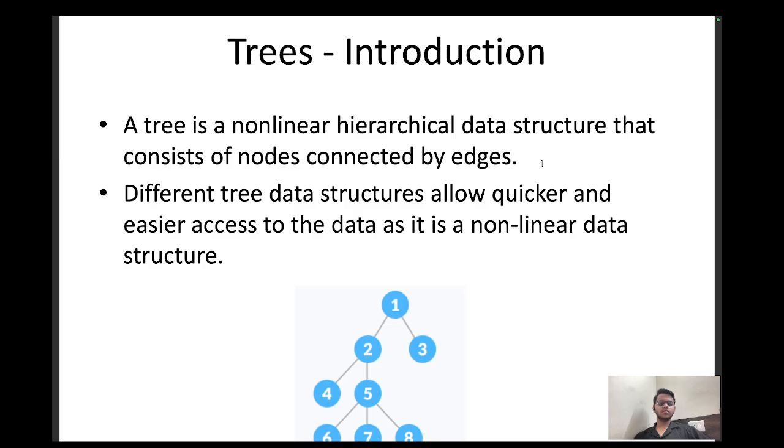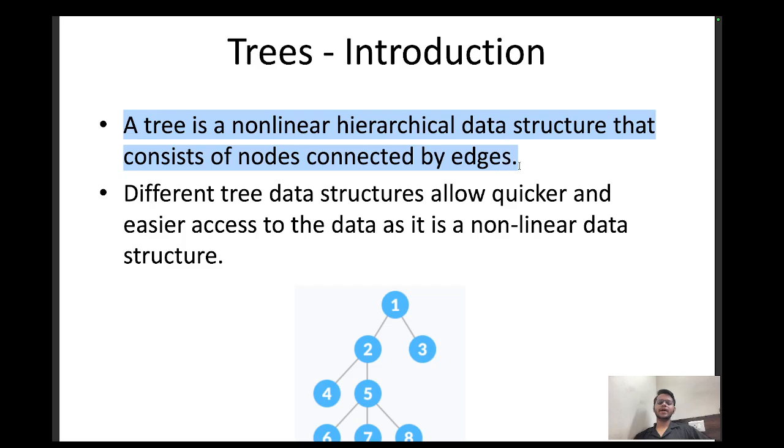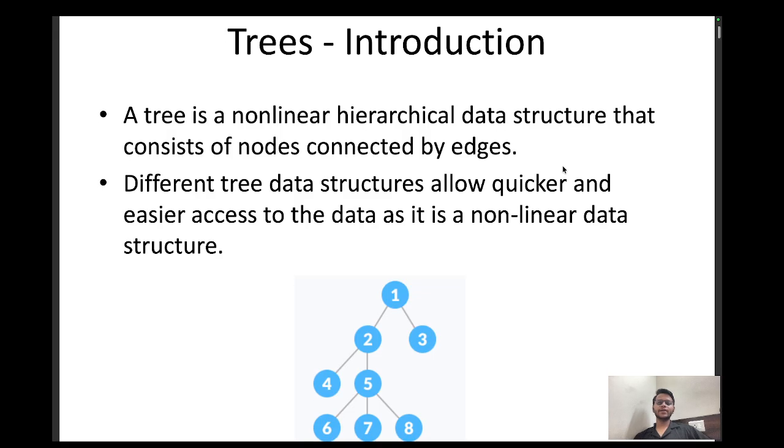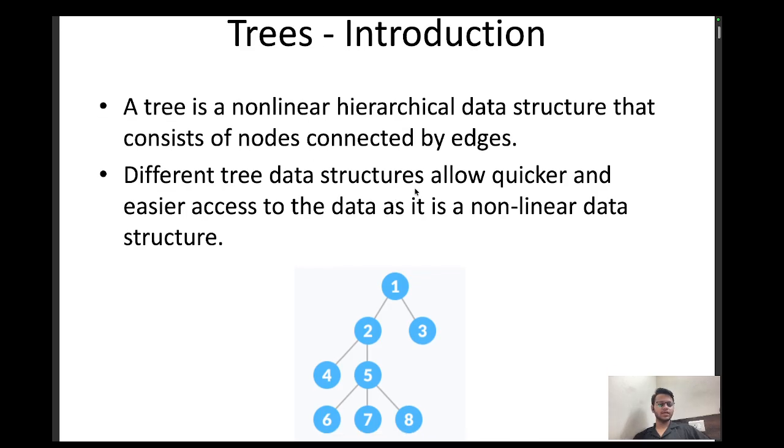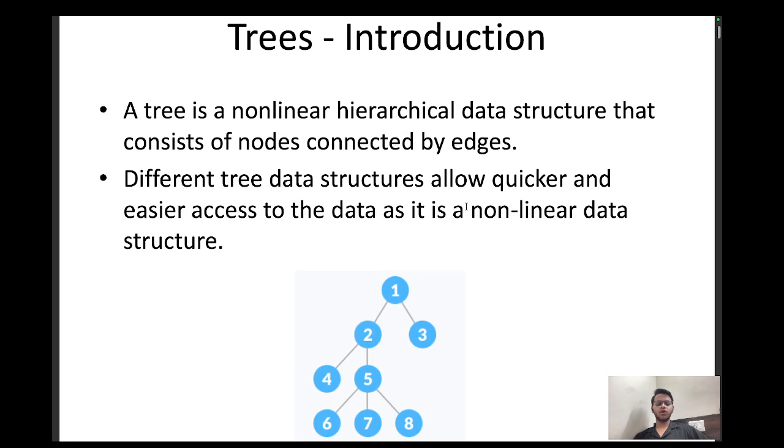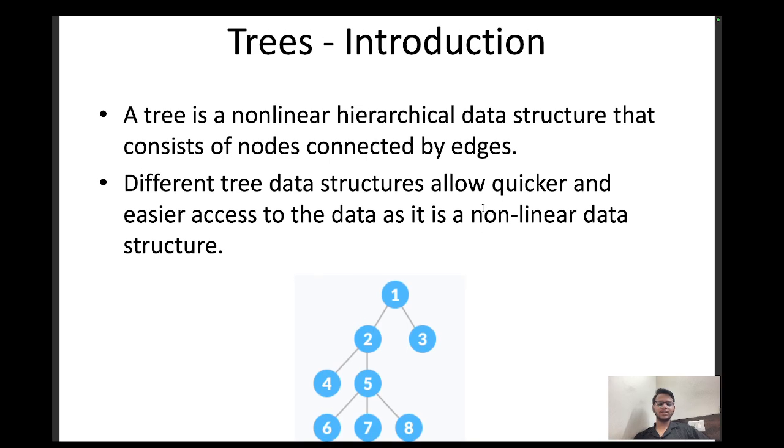So a tree. Let us first read the definition of what we have in the content here. Then we will try to summarize it in our own words, and you will get to know what exactly the thing is. The thing written over here is that a tree is a non-linear hierarchical data structure that consists of nodes connected by edges.